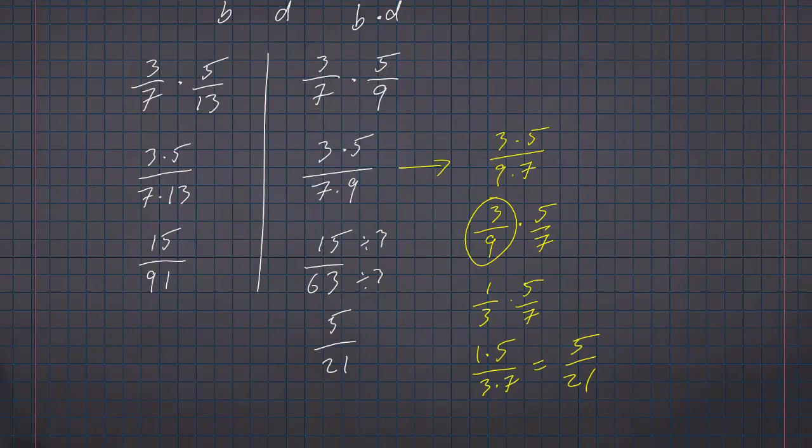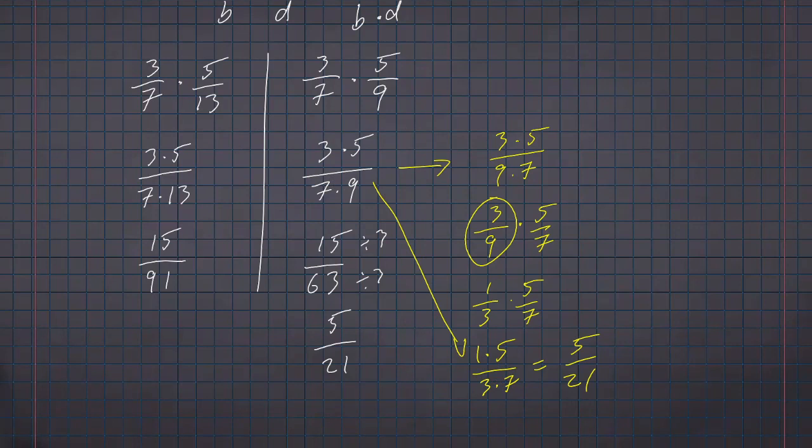With practice, you learn to do much of this in your head. I would go from this fraction all the way to here in one step without writing out those intermediate steps.